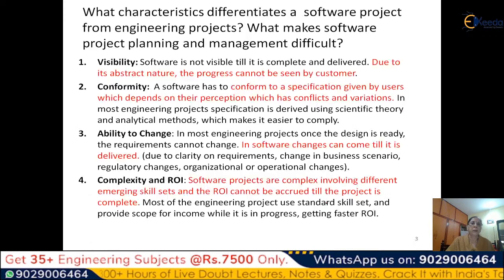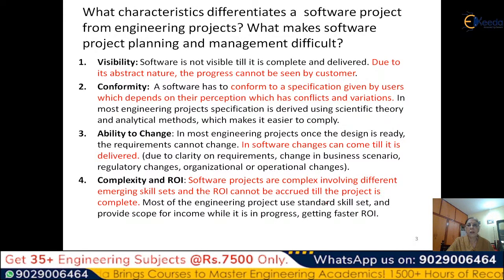So let's start. The first thing that will come to our mind is, what characteristics differentiate a software project from engineering projects? Why are we dealing with software project management separately? Is it not the same as other project management? What makes software project planning and management difficult?